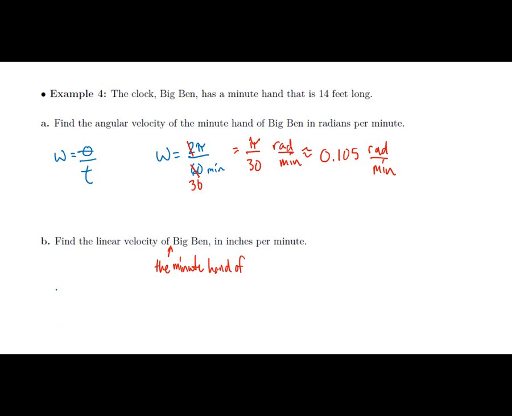Okay. Well, we know that linear velocity is arc length over time. But let's keep in mind here, what is the arc length in this situation? Well, in any situation, it's the radius times the angle theta, right? And we already figured out theta over t up here. We found that was pi over 30 radians per minute. So maybe I'll just separate these out real quick.